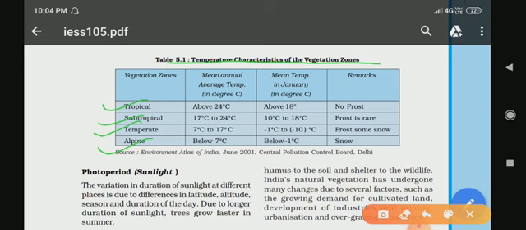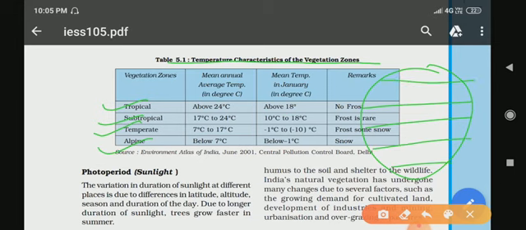In this table you have the equator, and the region between the Tropic of Cancer and the Tropic of Capricorn is called the torrid zone or subtropical zone. And then we have the temperate zone.